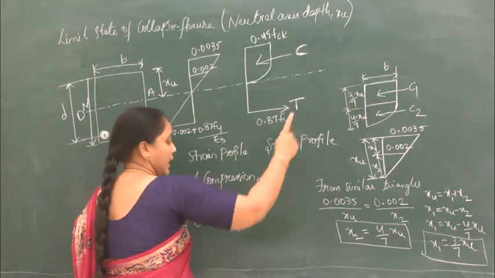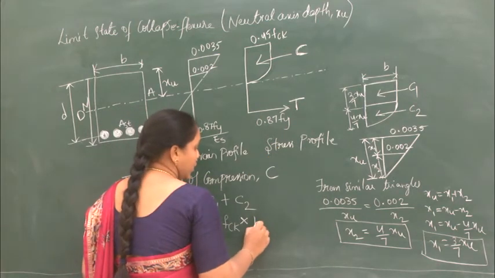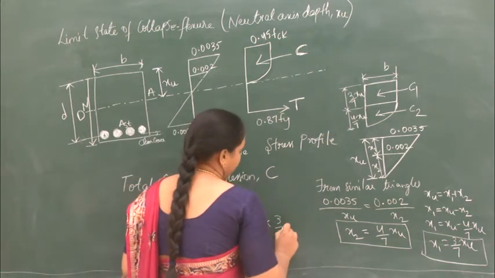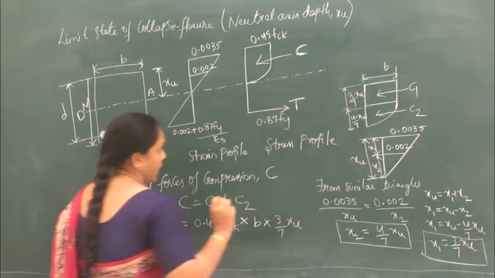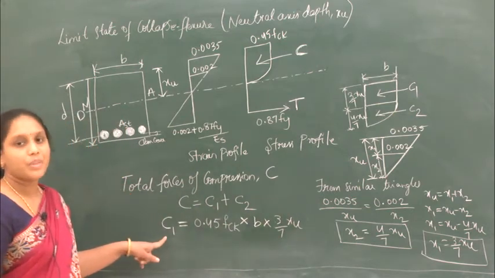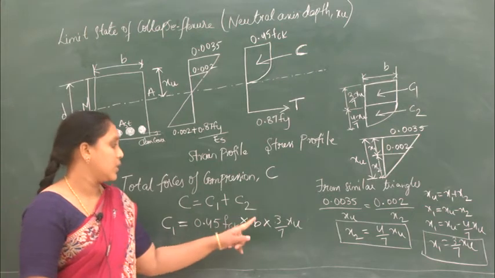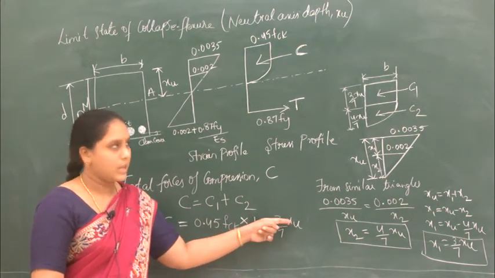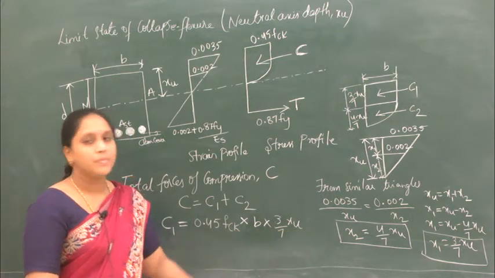The area for the rectangular block is B into D, where D is 3/7 xu. So this is going to be the compressive force C1, that is stress into area, 0.45 fck into B into D, where D here is 3/7 xu.